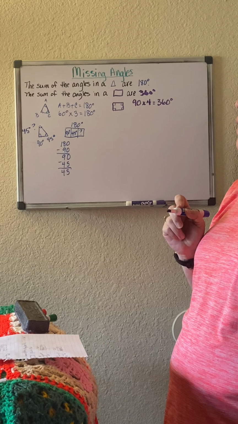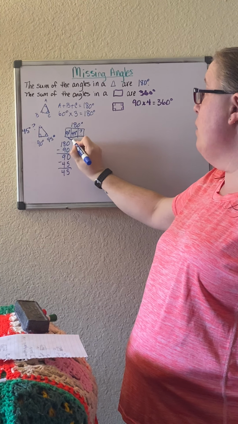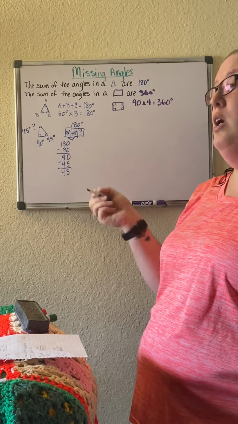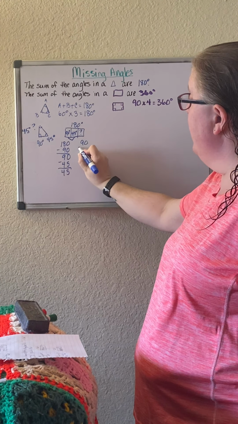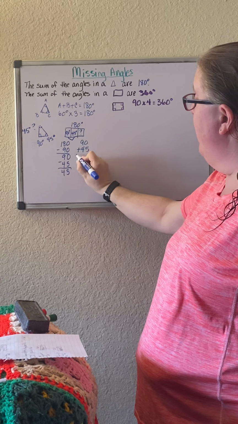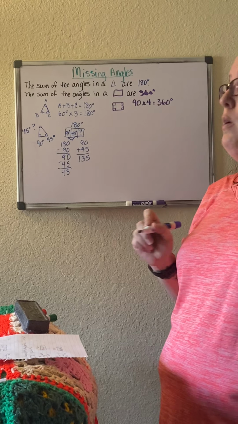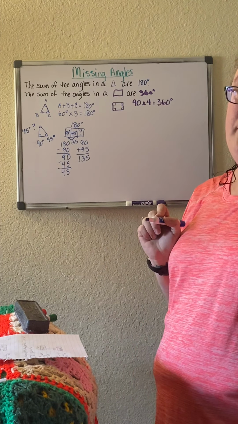Another way that I can do that is I can find the total of the 2 pieces that I do know and then subtract that from the whole. So if I add 90 plus 45, that gets me 135. That means that this together is 135.